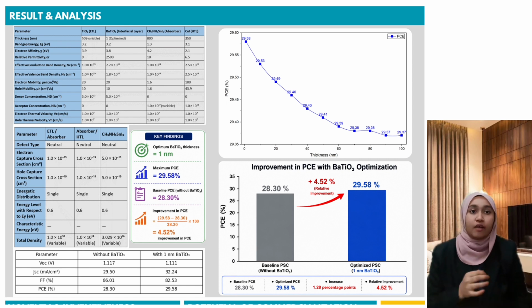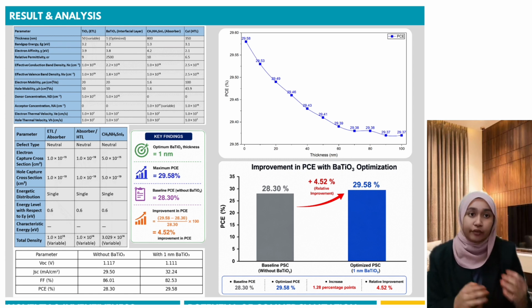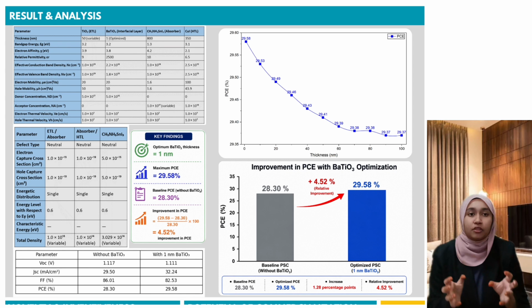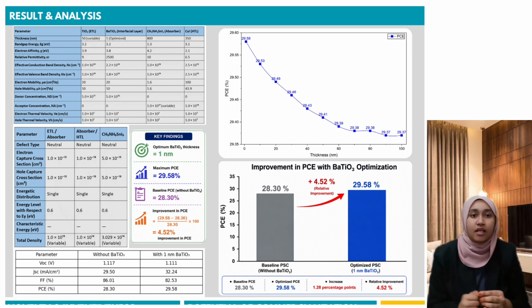Now, after we introduce the barium titanate layer, we can see the open circuit voltage becomes 1.111 volts, short circuit current density increased to 32.24 milliampere per square centimeter, fill factor is 82.53%, and the power conversion efficiency increased to 29.58%. So the efficiency improved by approximately 4.34% compared to the baseline device.